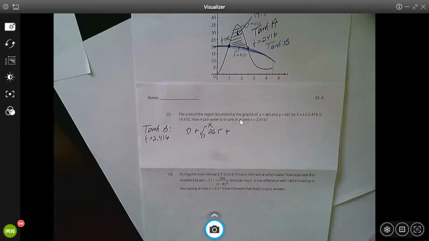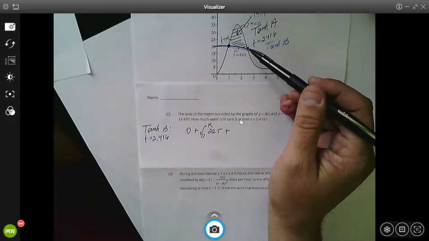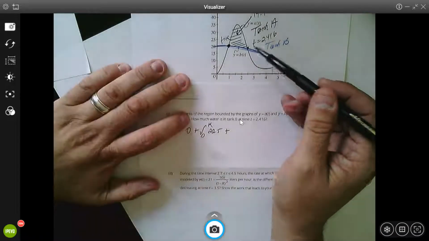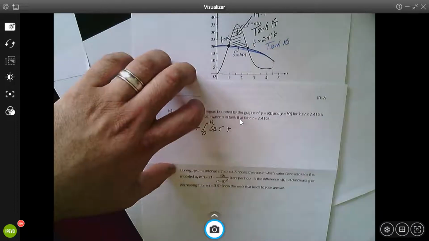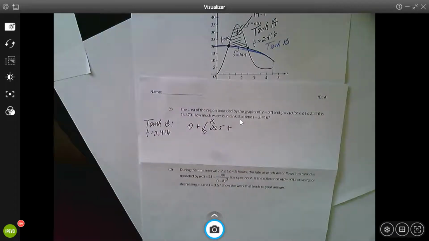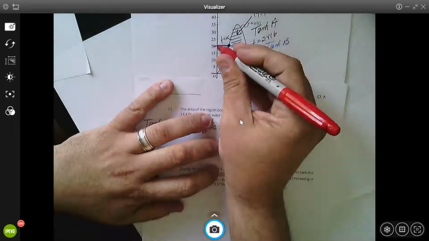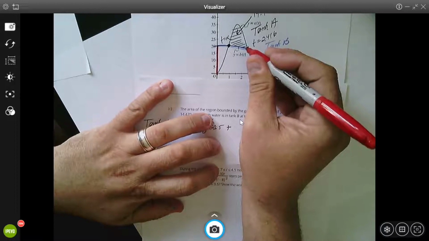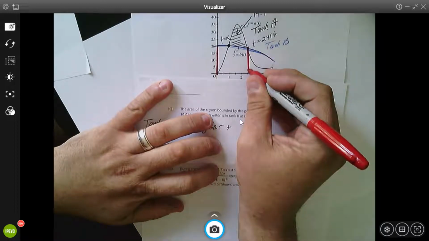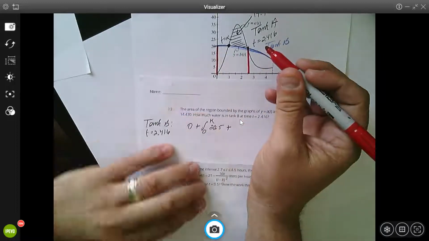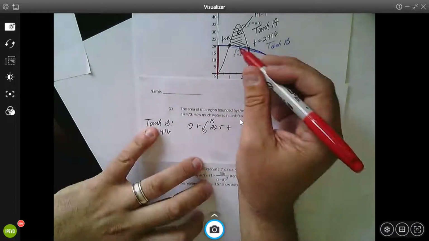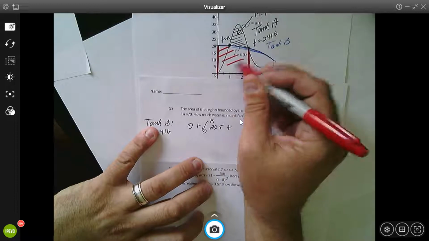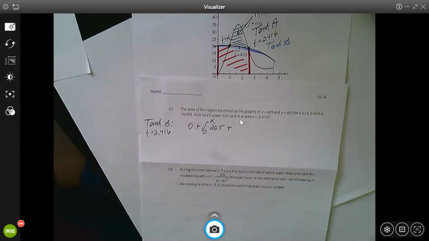Plus, now let's see, B of t is the lower one. What I need to know, if I'm thinking about this graphically, is how much water comes in from t equals 0 to t equals 2.416. Okay? So that's this value here.